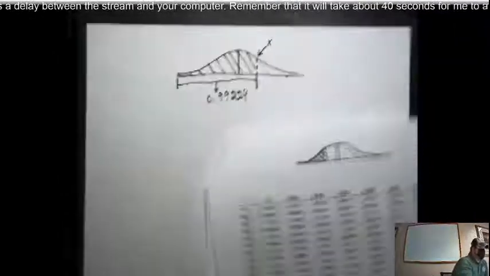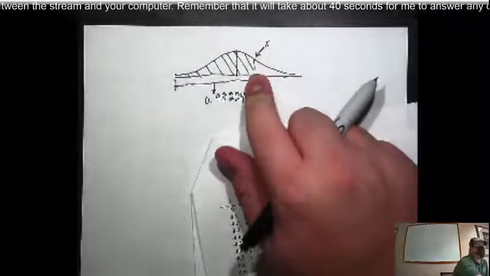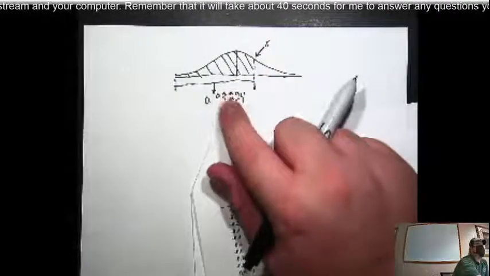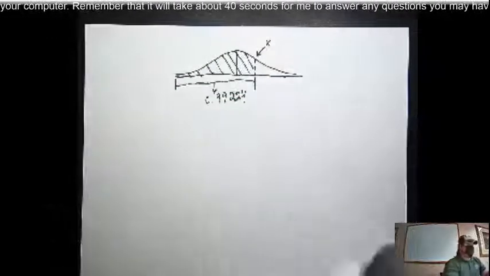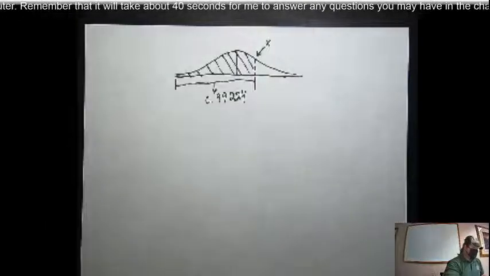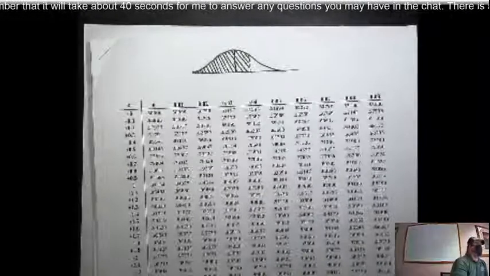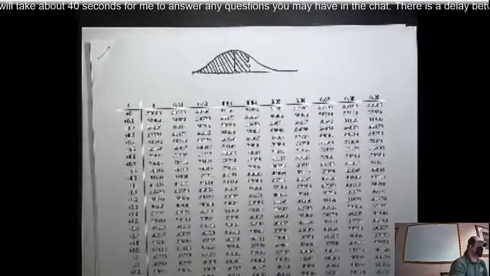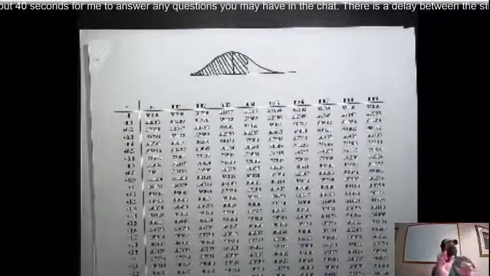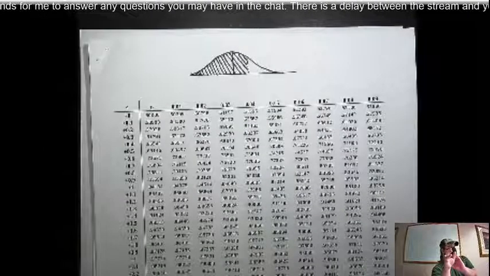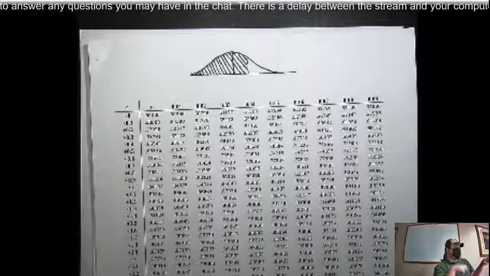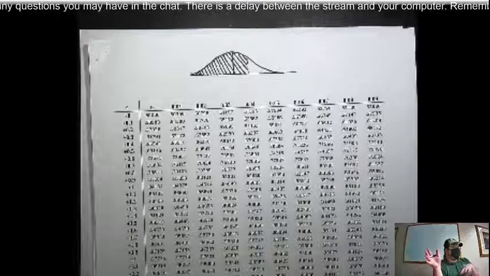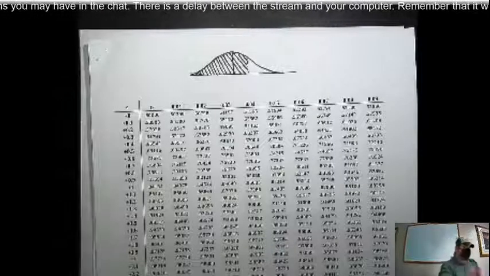And that's because we have an x that is larger than our mean. So these large probabilities are always going to be in our positive z-table. So if you have a very small probability that you're looking for, go to your negative z-table. If you have a really large probability you're looking for, go to your positive z-table.